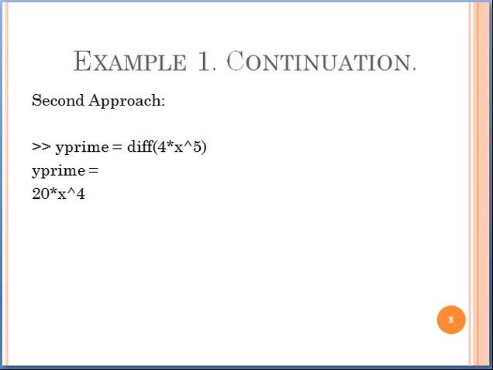Now, the second approach can be that you do not need to define y. You can directly use y prime equal to diff of the function of y with respect to x, that is 4x to the power 5.